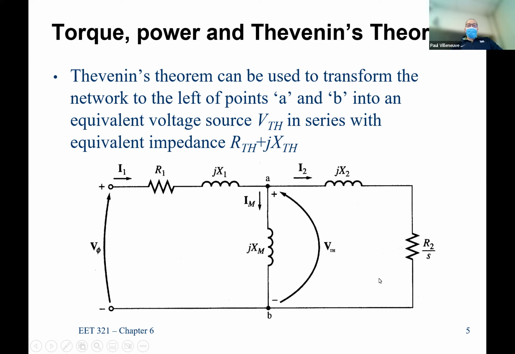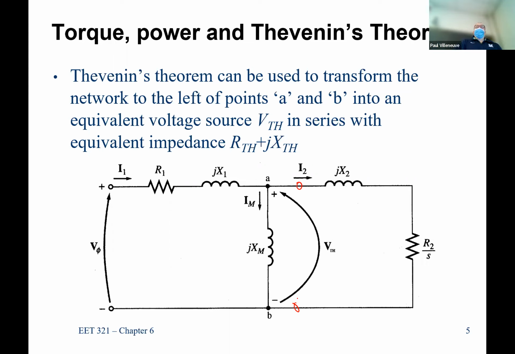Now, does anybody have any heartburn with the fact that I didn't include those impedances, X2 and R2? Yes, why didn't you do that? Ah, very good question. Because I'm looking for the Thevenin equivalent, which means I open circuit that, don't I? I'm looking for the open circuit at that point.